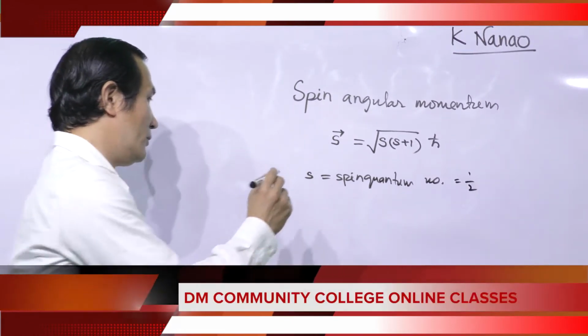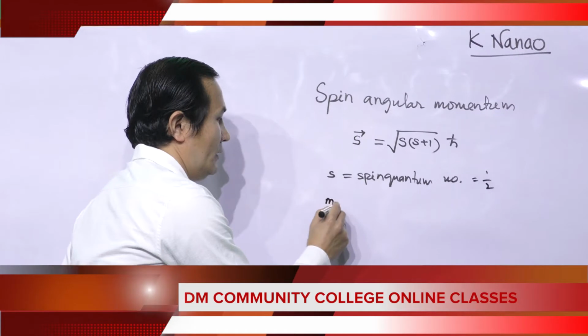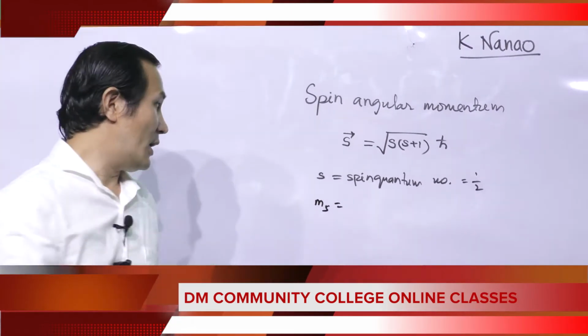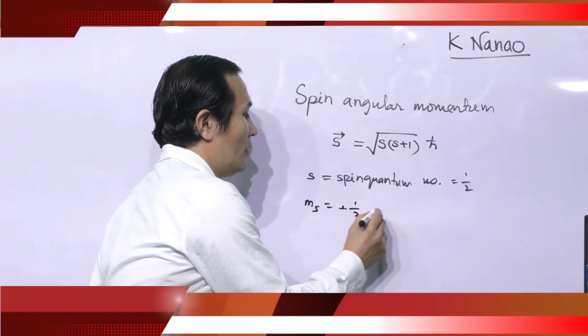We also know that the magnetic spin quantum number of this electron is either plus half or minus half.